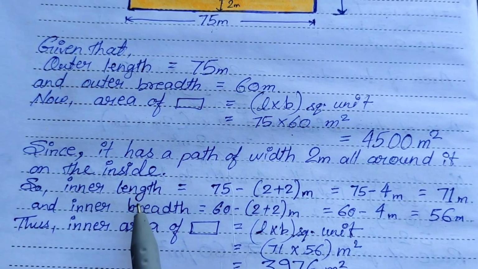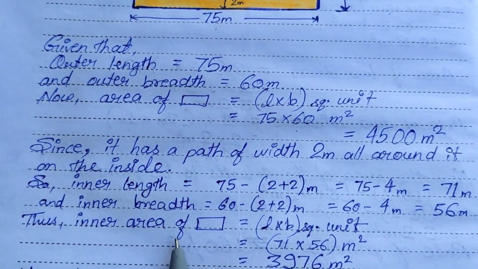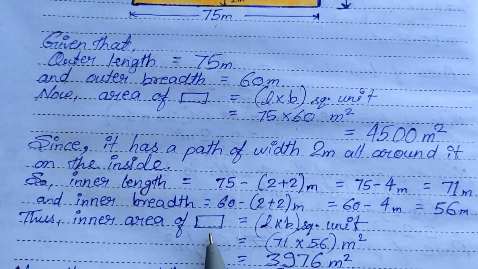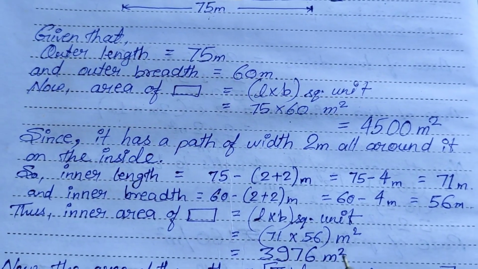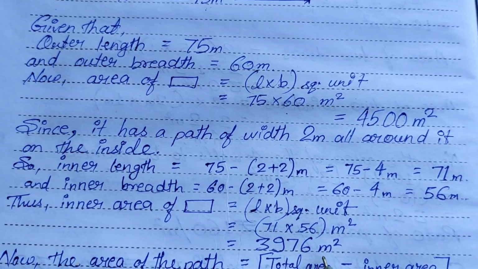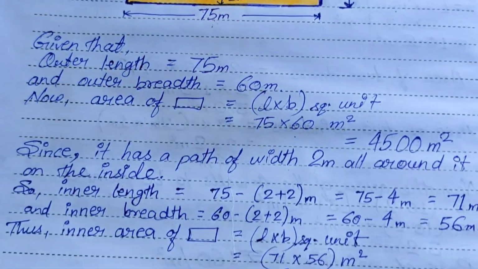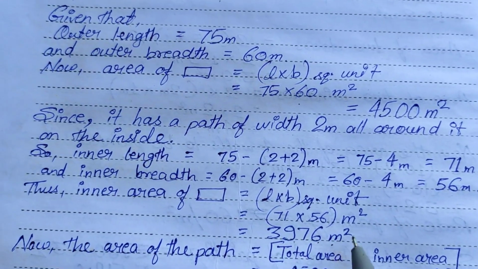Now we have inner length and inner breadth, so find the area. Thus the inner area of the grassy plot is length into breadth, that is 3976 meter square. It means the area of this grassy plot is 3976 meter square.